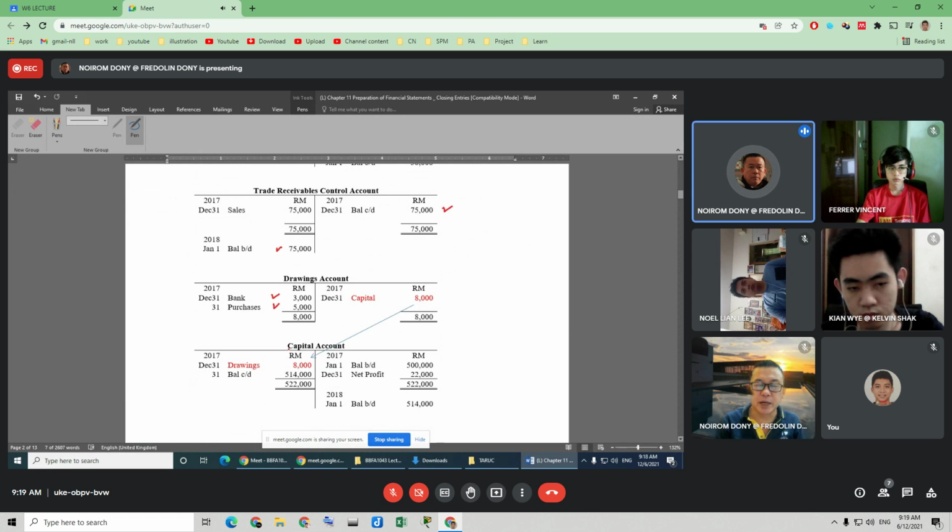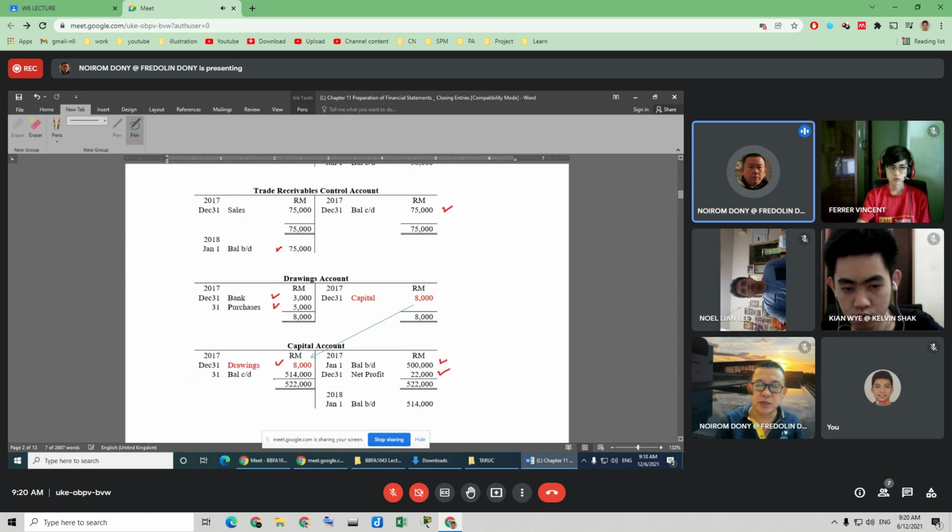So remember, capital account is equity concept, credit item. So any increase of capital will be on the credit side. So opening balance will be on the credit balance brought down, and then net profit increases the equity, the capital account, so we credit, and then drawing decreases, so it's debit.